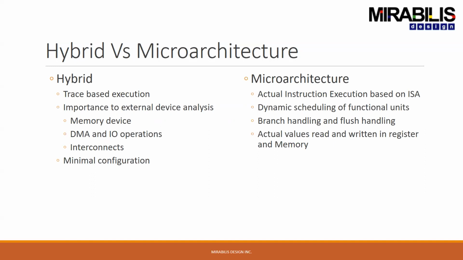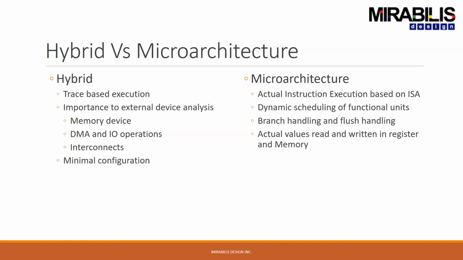The hybrid processor library will be beneficial for someone who wishes to analyze the devices and operations that are external to the processor, such as memory access performance, interconnect performance, DMA operations, and IO accessing.